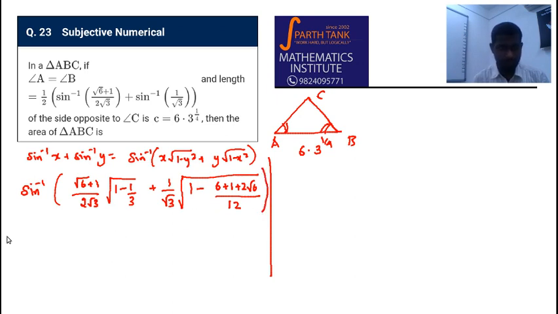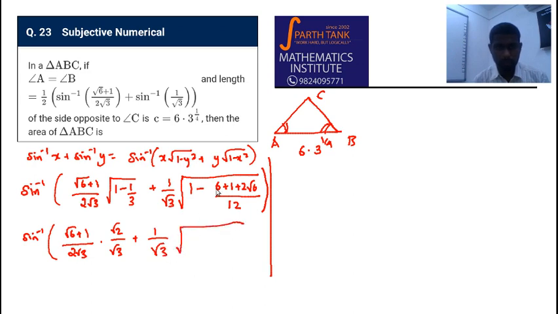First step's done. So sine inverse of root 6 plus 1 by 2 root 3 into root 2 upon root 3, plus 1 upon root 3 into square root of 12 minus 6 minus 1. When you take LCM here, 12 minus 6 minus 1 is 5 minus 2 root 6 upon 12.